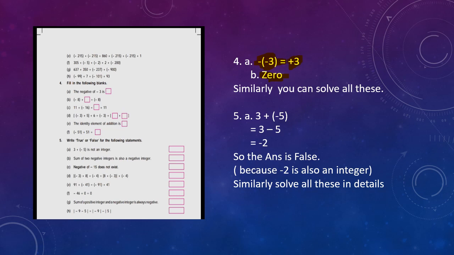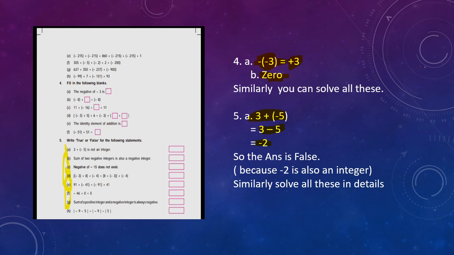Now come to question number 5. In question number 5, you have to write true or false. After solving these questions, you have to answer whether the given statement is true or false. Like question A, 3 plus minus of 5 means 3 minus 5 is equal to minus 2, and we know that integers are the collection of positive and negative numbers.